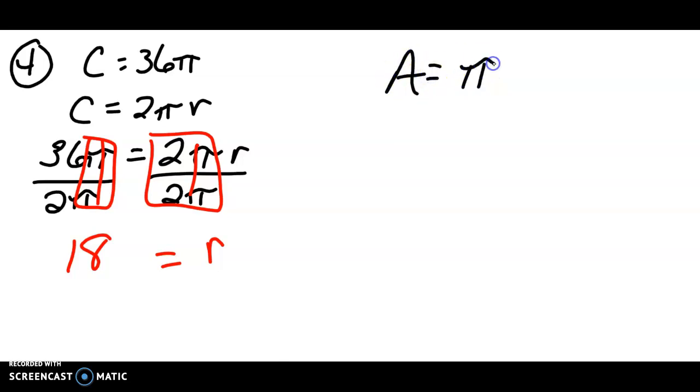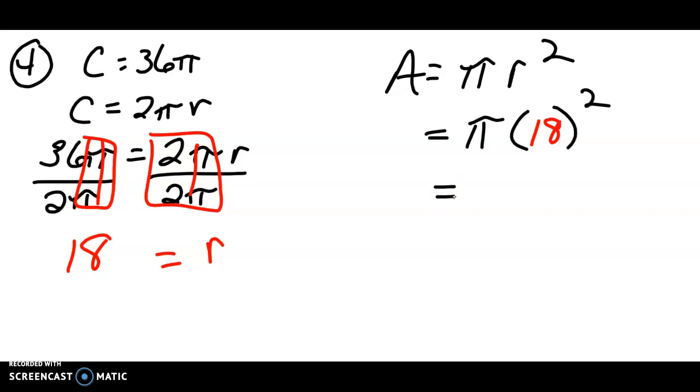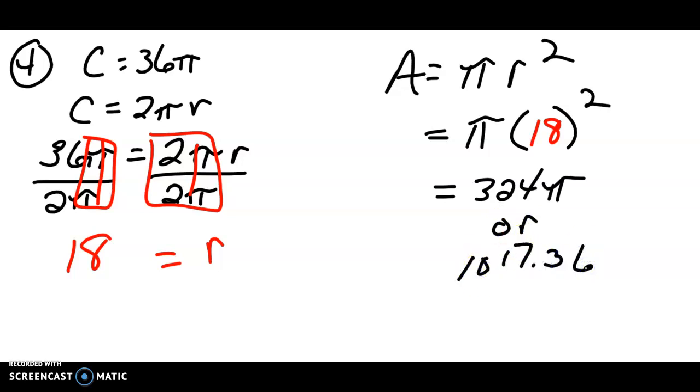All right, now that we have the radius, we're going to substitute that value in and figure out the area. 18 squared is 324 pi, so that's your answer in terms of pi. And if you multiplied the decimal approximation out, multiplied by 3.14, you'd get 1017.36.